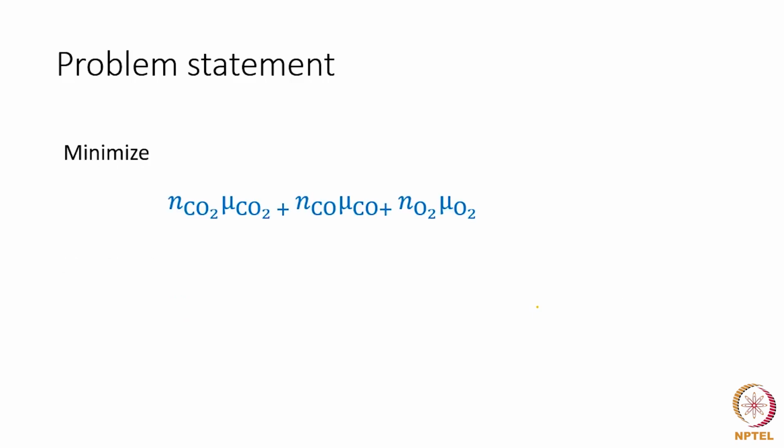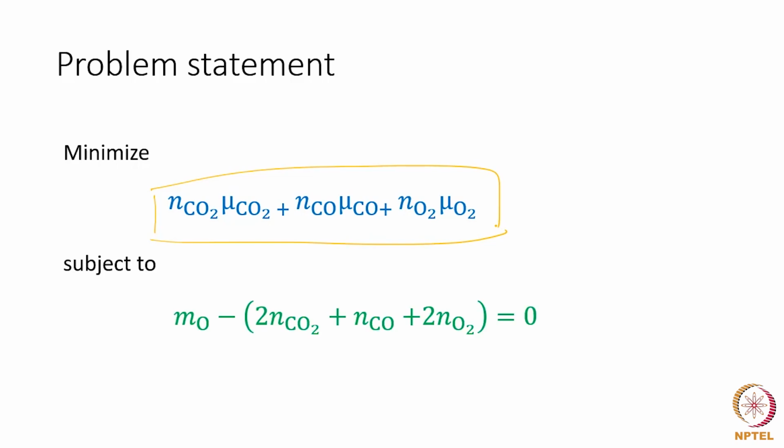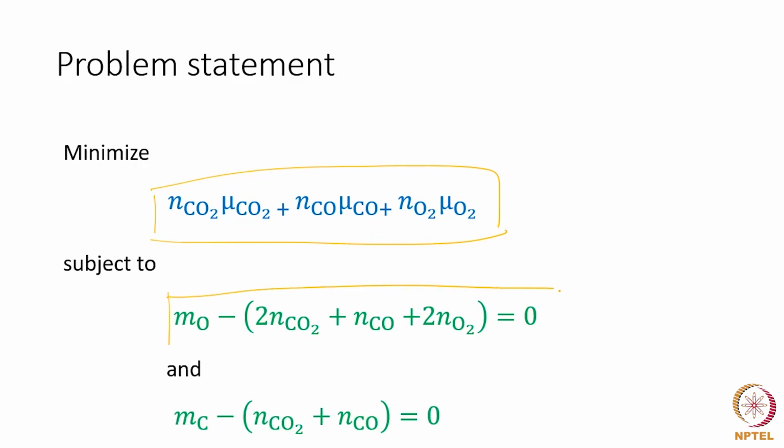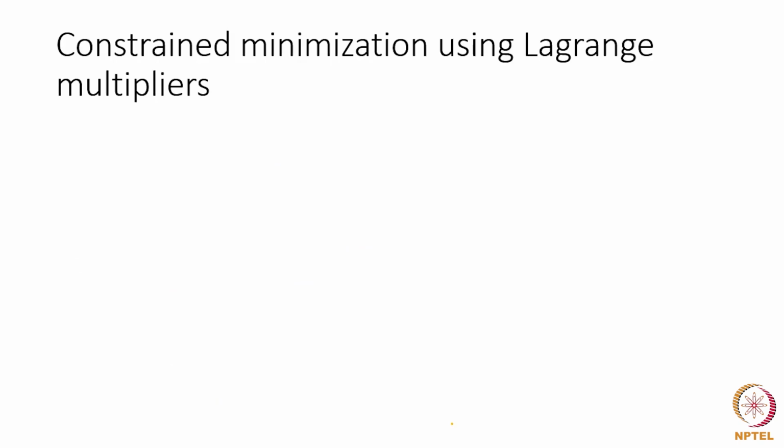And we can then expand the problem statement saying that we would like to minimize the Gibbs energy of the system, which is written in this form here, subject to the constraints which are written in the form of equations. They are given here. Okay, so these are the conditions. The way we proceed further is to use a method called Lagrange multipliers.